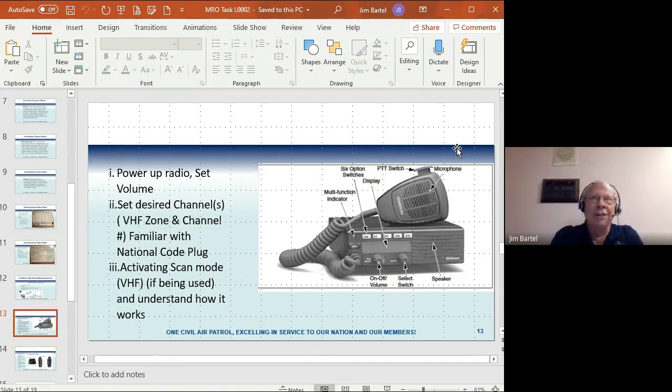There is actually, I believe it's still online, an exhibit that talks about PL259 versus N connectors, so you can see what they look like and not mix the two unless you have the appropriate adapters.